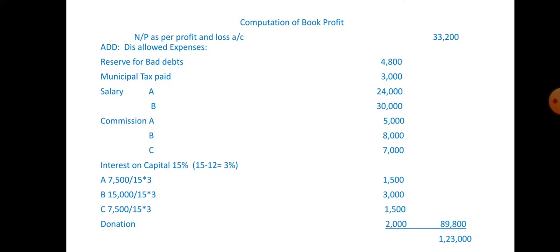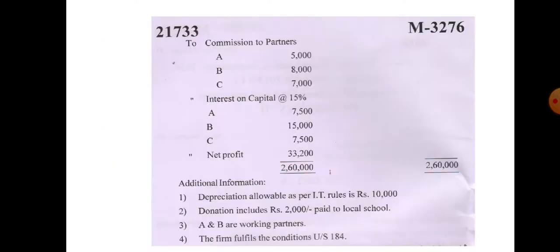And next, I told you about the donation. For the donation we'll see the rule. First, the additional information is given. Depreciation allowable as per IT rule is rupees 10,000. So in the adjustment they are telling that as per the income tax rule, the depreciation deductible is 10,000. But in the profit and loss account, you see how much they have deducted.